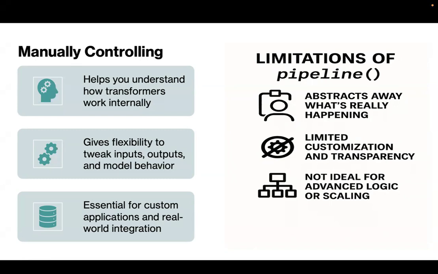What manual controlling helps us with is to study how pipeline works and to debug if there are any issues with the pipeline. It gives us the flexibility to change whatever we want inside the model. But I guess for beginners, it's not a big necessity to change the manual controlling and all. But I am just going to show how manual controlling works.